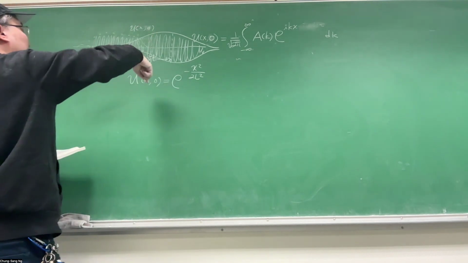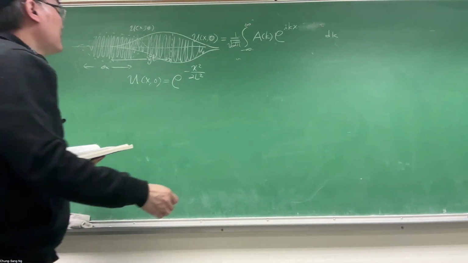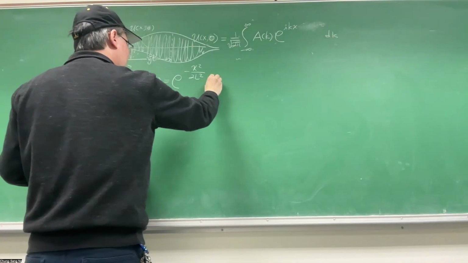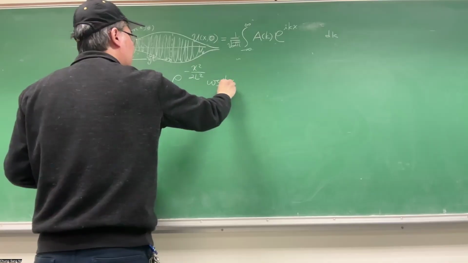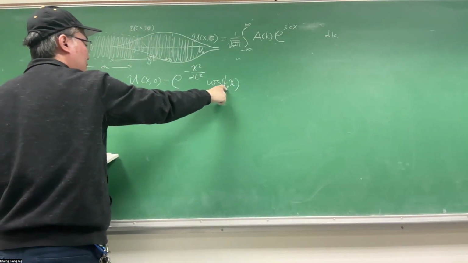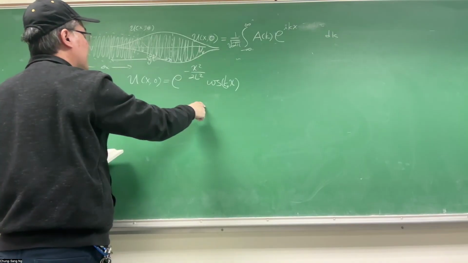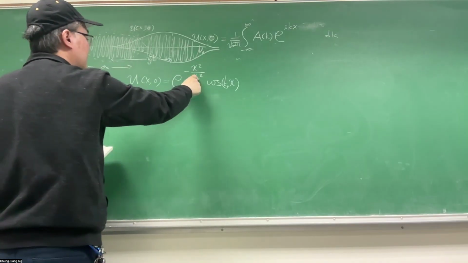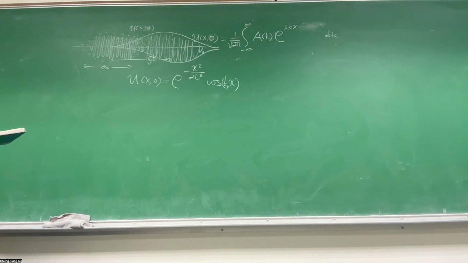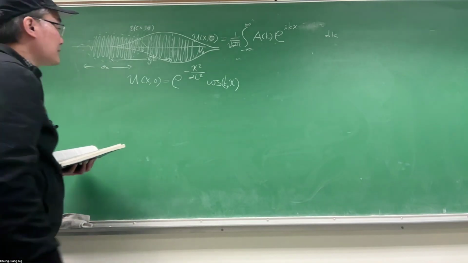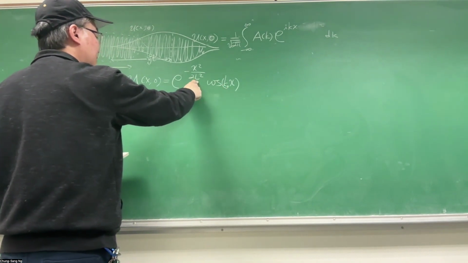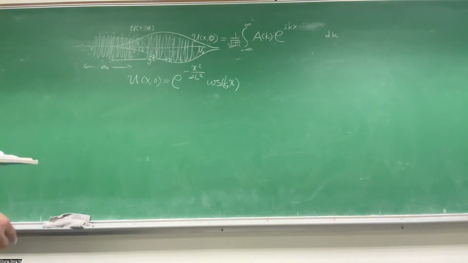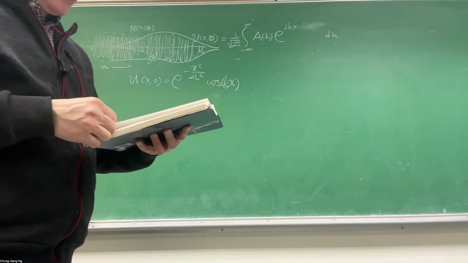And this almost sinusoidal oscillation is described by this cosine term. So this oscillates with this wave number, right? And then the profile is modulated by this Gaussian. And obviously, you want L to be much greater than the wavelength 2 pi over k sub 0, so that you have many oscillations within the envelope.